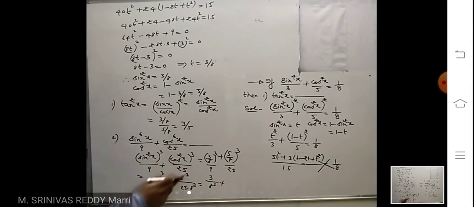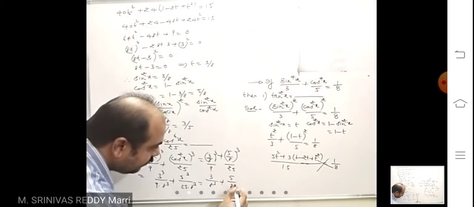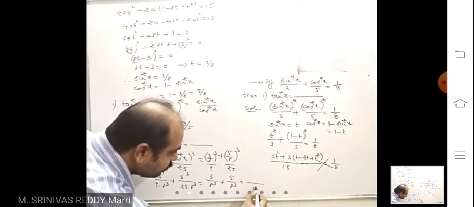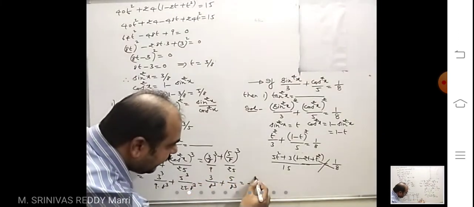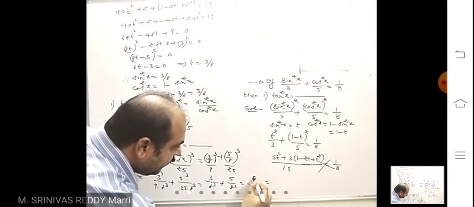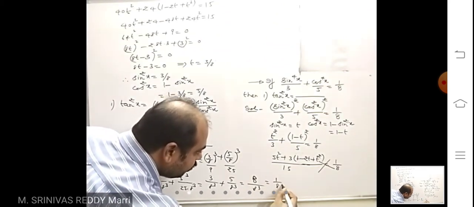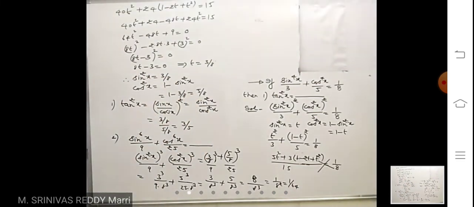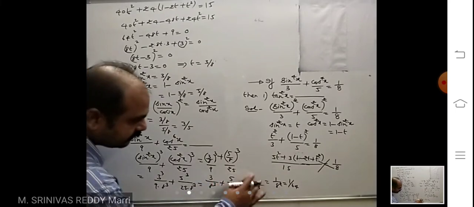Here 125 by 25, that means 5 divided by 8 cube. So if you take the LCM, 8 cube is the LCM. Now in the numerator 8, that means 1 8 will get cancelled. So what is the answer? 1 by 8 square, that means 1 by 64. 1 by 64 is the answer.